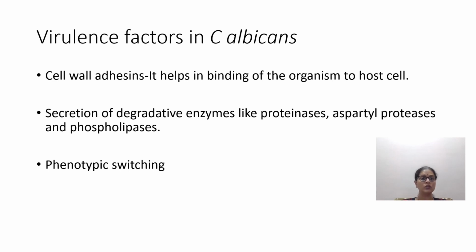Candida albicans also secrete degradative enzymes like proteinases, aspartyl proteases, and phospholipases. There is also a process called phenotypic switching that takes place in Candida, and this switching alters its adherence properties, antigen expression, and also tissue affinity.